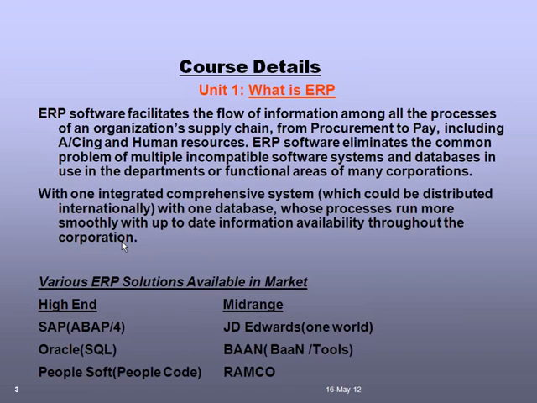Therefore, everybody can see the same set of information throughout the organization. Whether you are the CEO, a regional manager, or an individual user who created a purchasing document or an invoice document, everybody will see the same piece of information if the database is a single database.